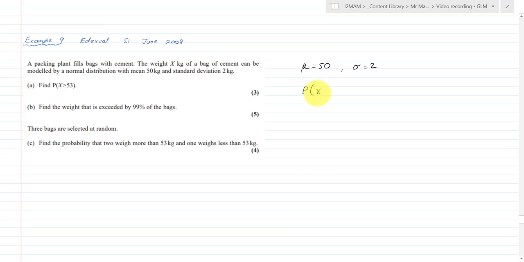The probability that X is greater than 53, again in the normal distribution, we're now relying on our calculator, unless of course this is nice. So I might remind you of how to do the integration here. If we needed to do this through integration, we would want the probability that's greater than 53, which means a lower bound of 53, an upper bound of infinity, and our function is 1 over, and because we've got a standard deviation of 2, it's 2 root 2 pi, because we're talking about x scores, e to the negative half x squared.